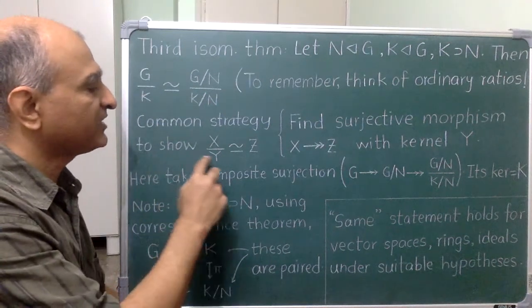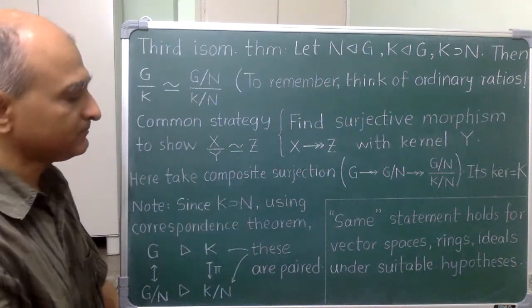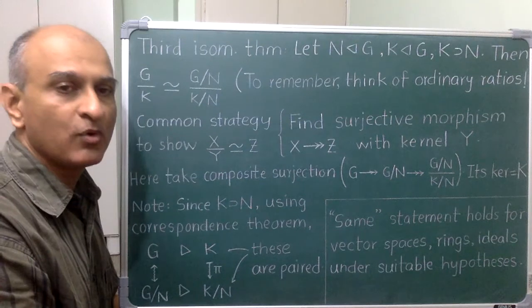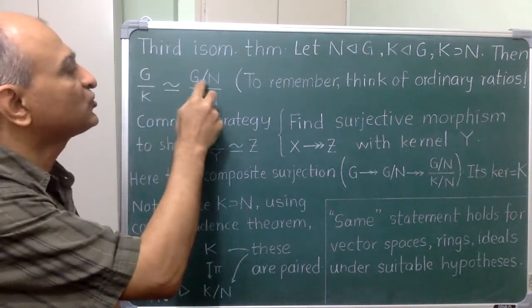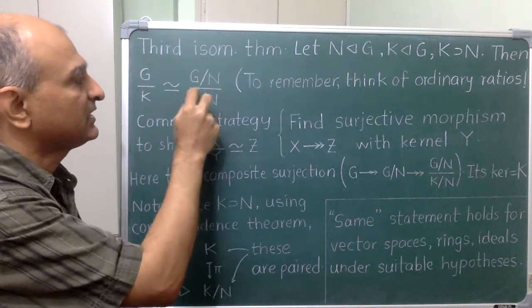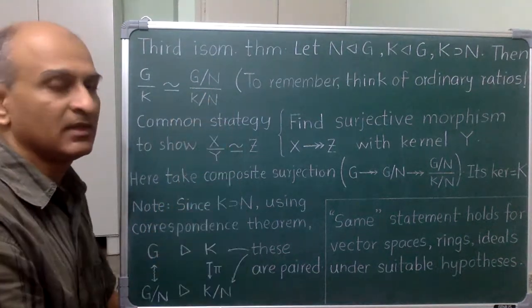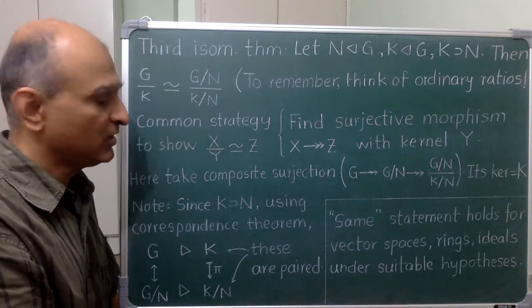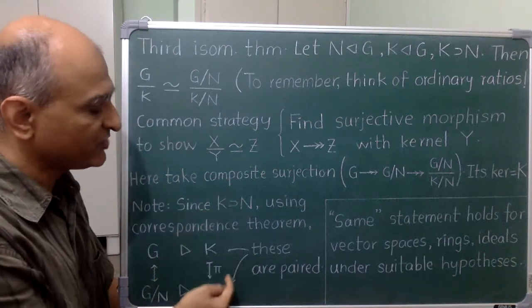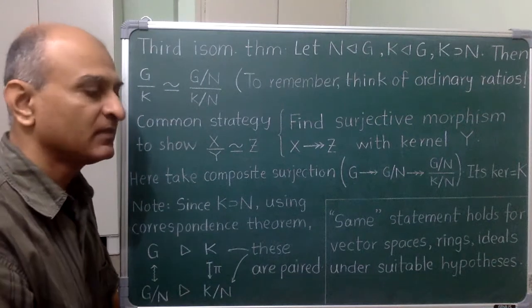So, our strategy works. There is a little more to say because I should understand that all these quotients indeed make sense, in particular this one. I can check this by hand, but it is more conceptual to use the correspondence theorem which I have done over here.